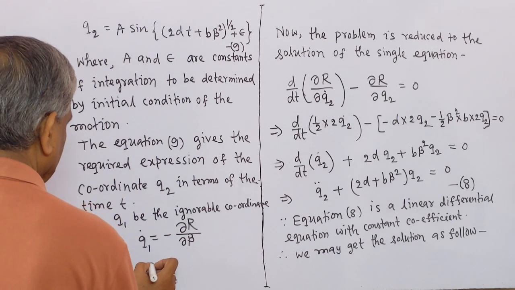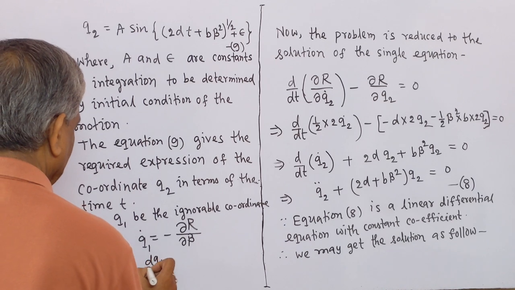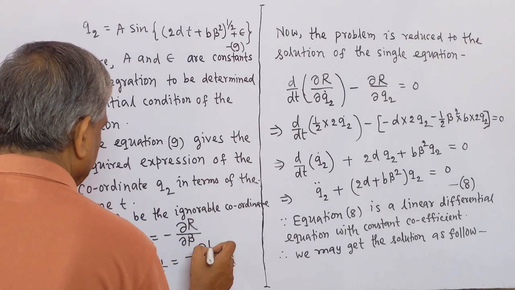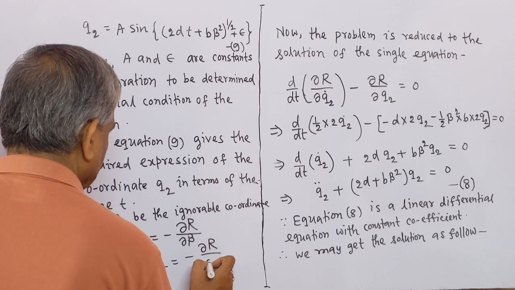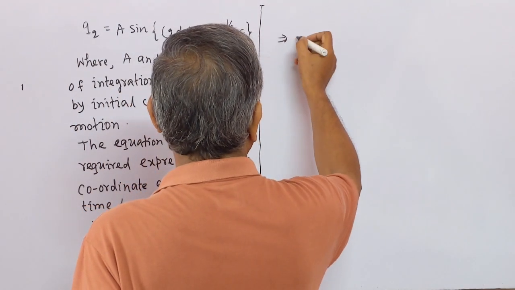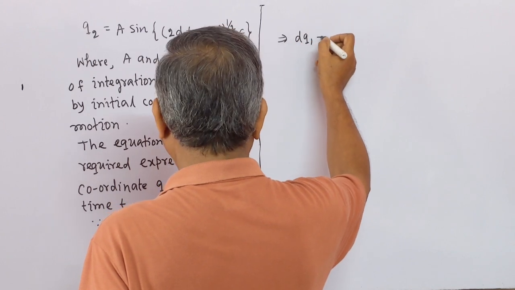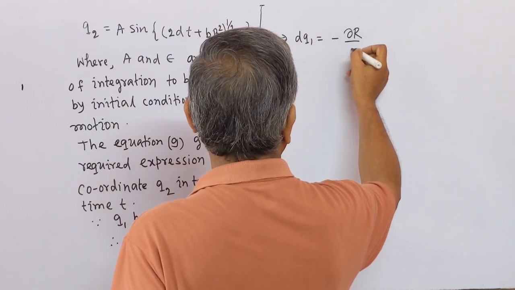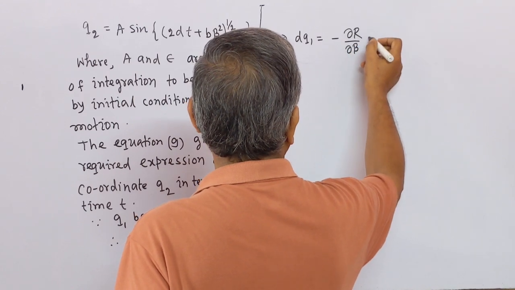So dQ1 by dt equals minus the partial derivative of R with respect to beta, which implies dQ1 equals minus the partial derivative of R with respect to beta dt.